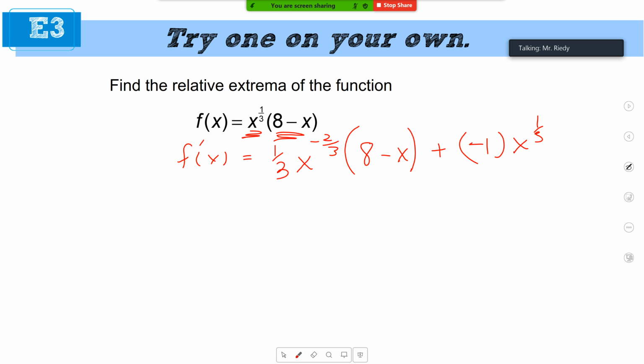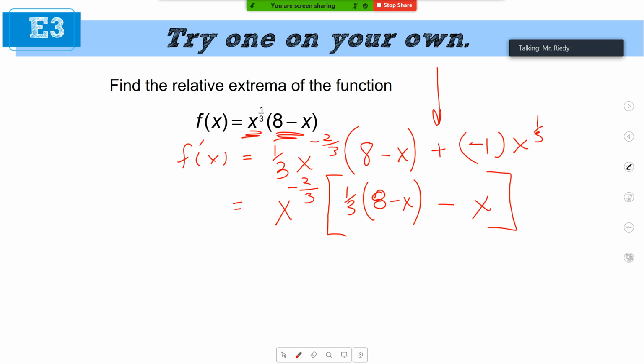Now, there's a reason why I chose this: it gets back to the simplifying stuff that I've talked about in the past. This is a sum. I don't want a sum. I want a product. So I'm going to factor out what they have in common. And again, the rule is you take the more negative exponent term out. That leaves me with 1/3 times 8 minus x, plus, actually it'll be minus x.